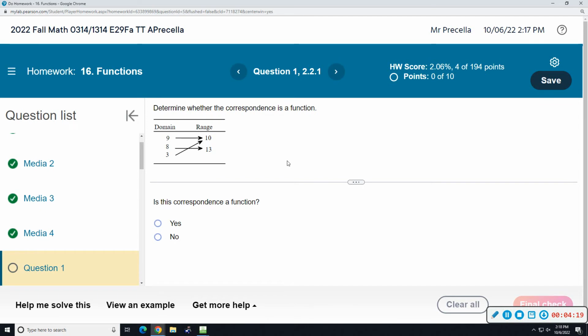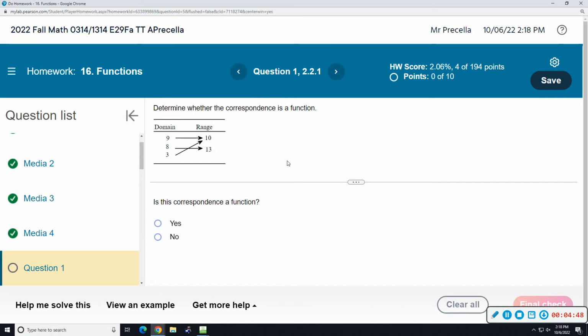I have a domain and range. The 3 x values are 9, 8, and 3. The y values, the range, are 10 and 13. Now let me draw these arrows.